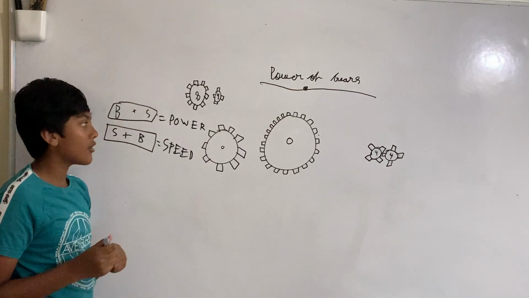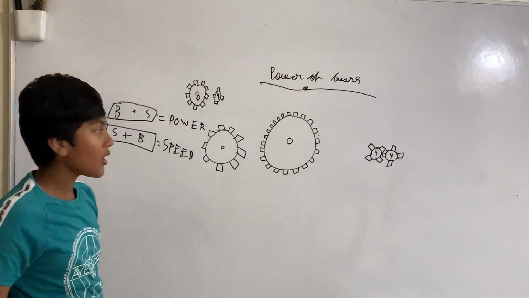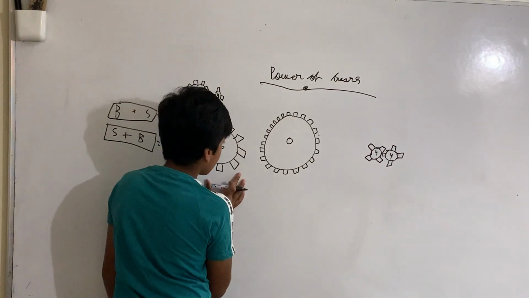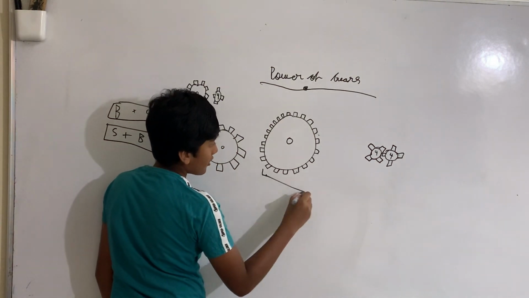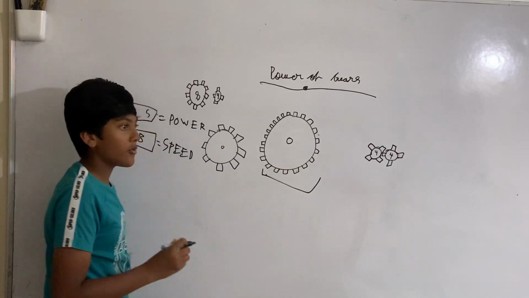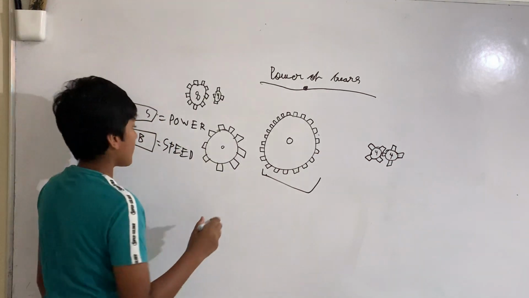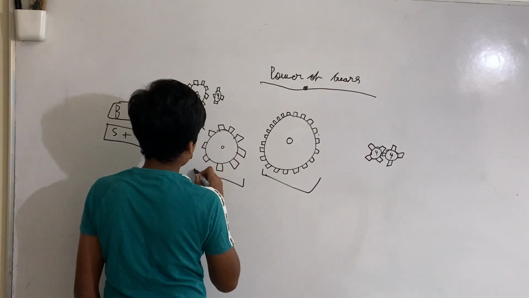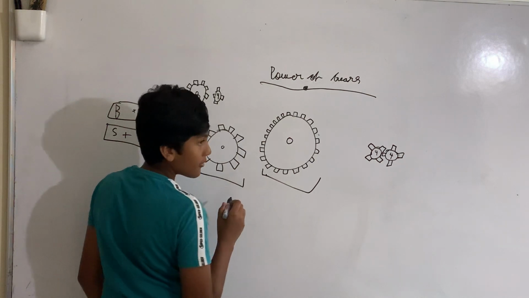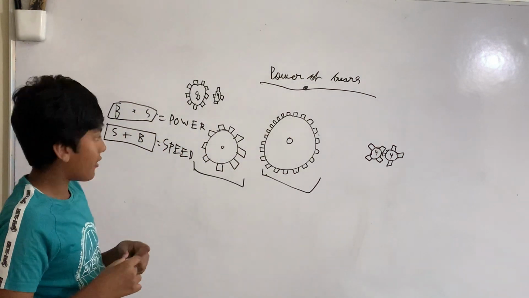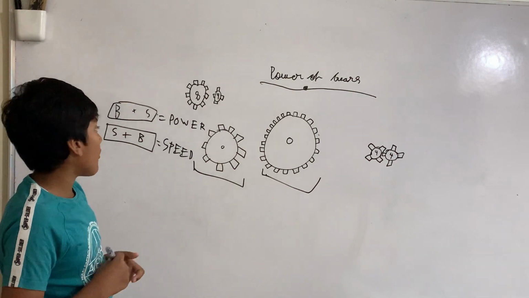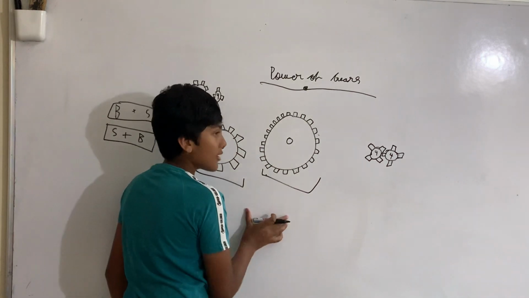First, let's learn, okay, say we have another gear. This gear would be the driver gear, the gear that you would be using, and the other gear would be known as the driven gear, the gear that is being controlled by the driver gear. It can start from a gear train like this.